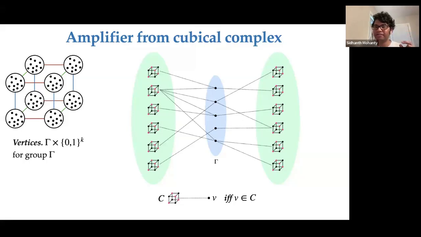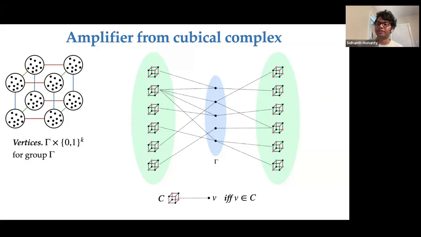Okay, so on the left-hand side, I'm going to have all the cubes of the cubical complex, and in the middle, I'm going to have all the vertices. And I put an edge between a cube C and a vertex B if the vertex B is contained in the cube C. Okay, so at least this is what one would call an incidence graph between the vertices and the cubes.